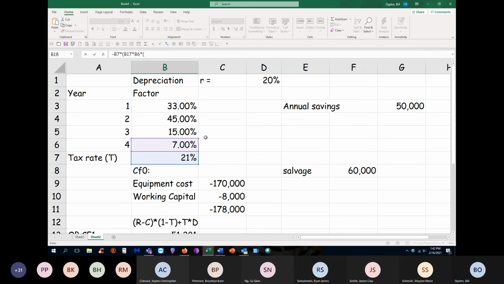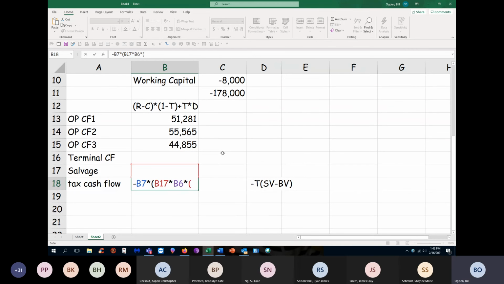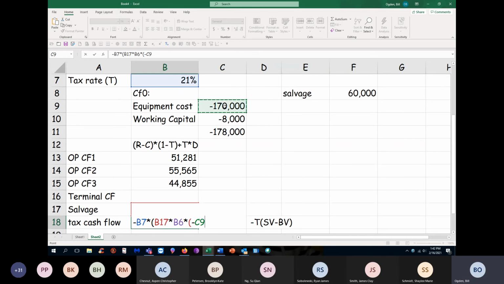So I will include a minus sign to flip the sign of this 170. So market 60 minus book, which would be 7% of 170,000. And then I'll need one more parenthesis, so Excel won't have a fit.